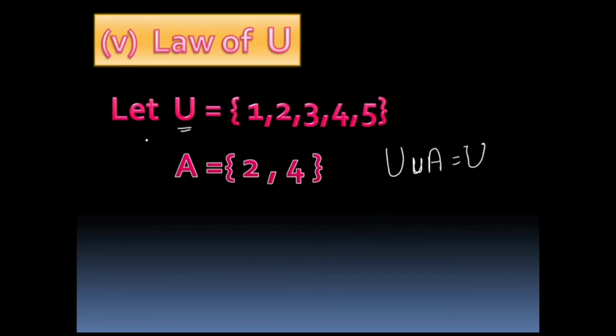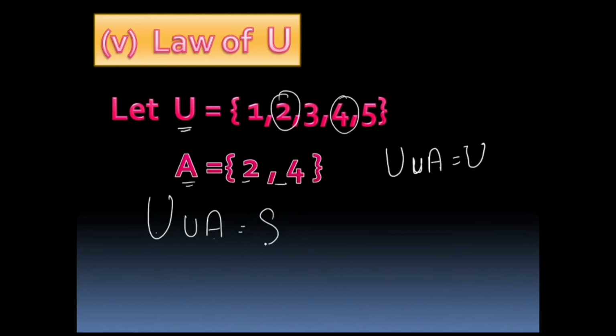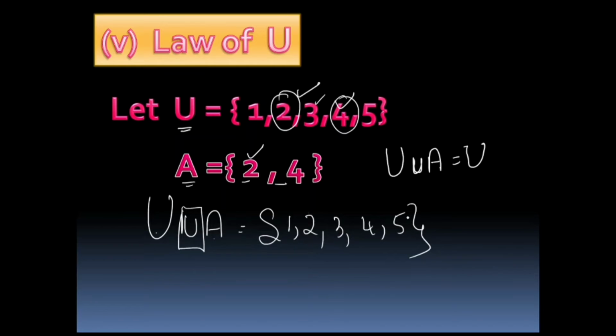If I have a universal set 1, 2, 3, 4, 5 and A is 2 and 4, which is already present over here, union of universal set and A would be what? Common things one time. So 1, 2 and 2 together one time, 3, 4, 5. Who takes everyone along? Union. So we get the same thing. What is this? U only. So this is the law of universal or U.